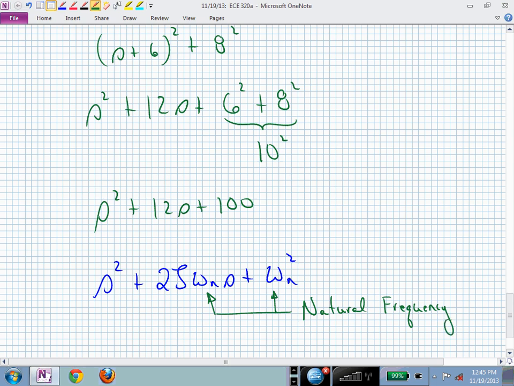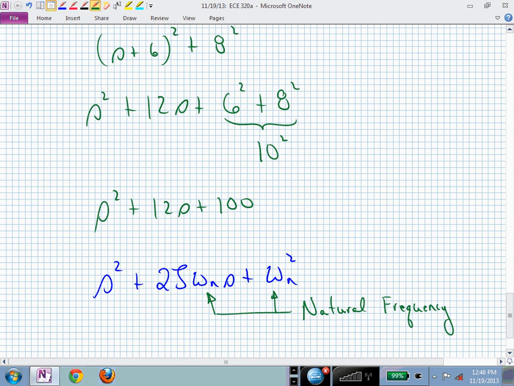What was our damped frequency in this system? That was the omega sub d, which is how far up on the vertical axis we are. If I said s is equal to minus 6 plus and minus j8, how far up vertically are we? 8. So the damped frequency is 8. The natural frequency is actually 10.